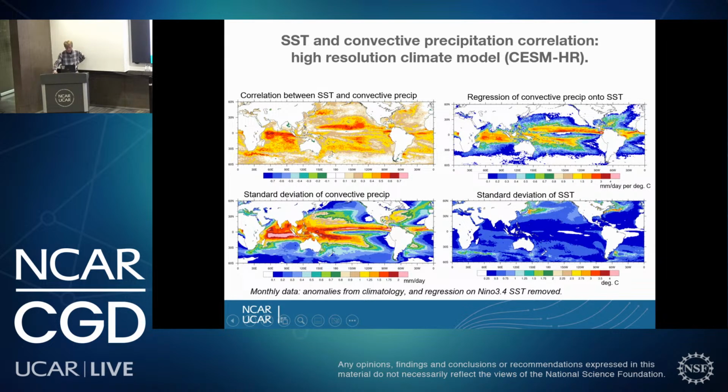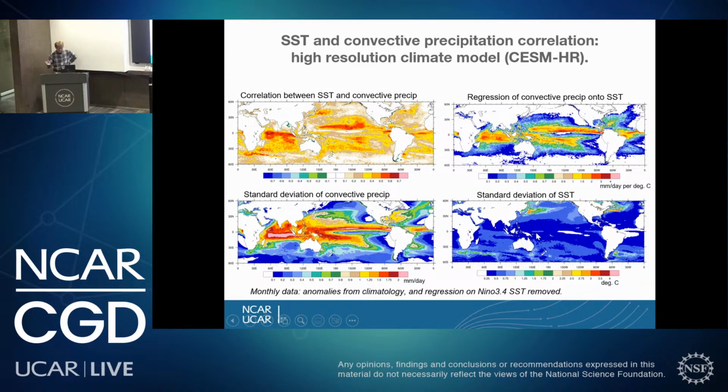However, the variability of SST is much higher in the extratropics than in the tropics. Here in the model, it's between 2 and 4 degrees standard deviation. I think in the observations, maybe about 2 degrees. And then in the tropics, it's much weaker, 0.25 or less.